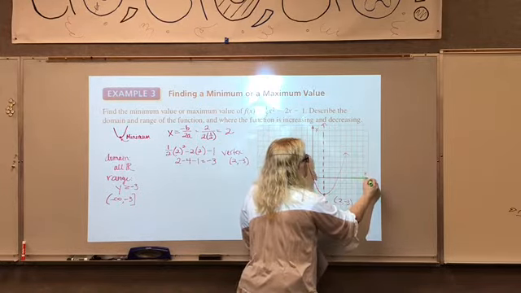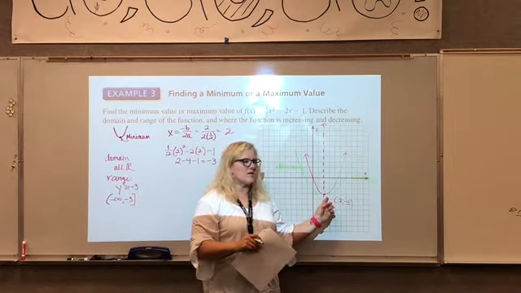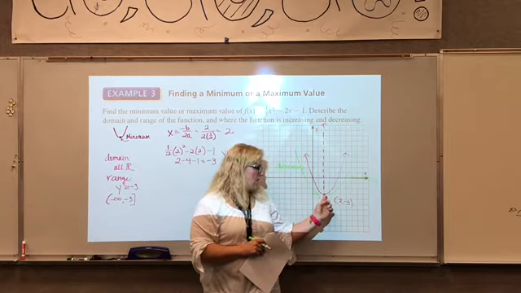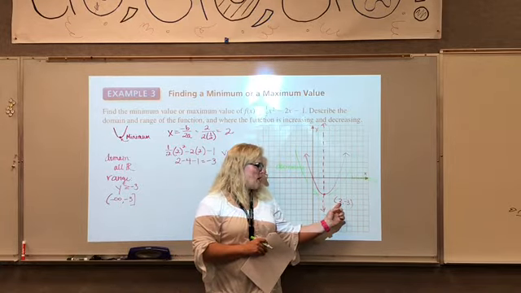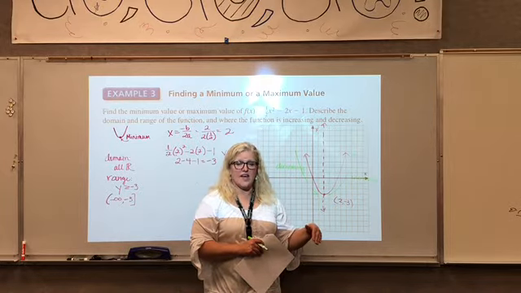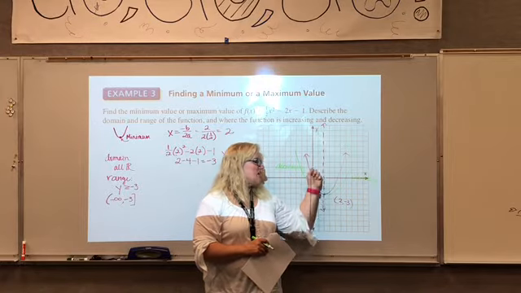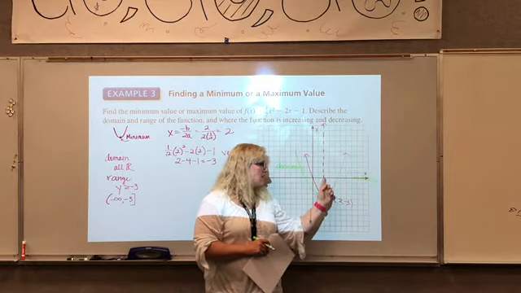So at what point does it turn? And this is where it gets a little bit confusing because we look right here at where it turns, but what we're really wanting is the x value. So we already talked about the y value, that's the range, but the x value tells us where it changes from decreasing to increasing, okay?